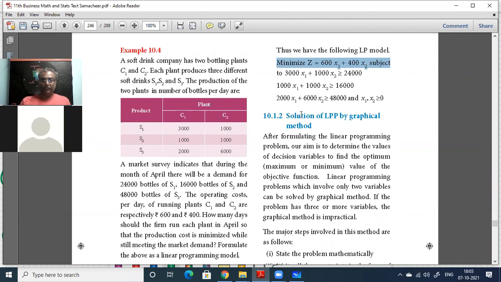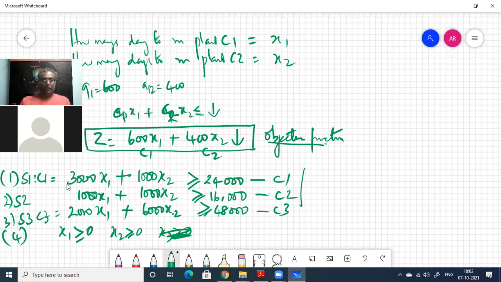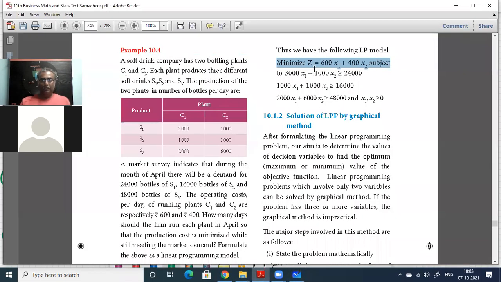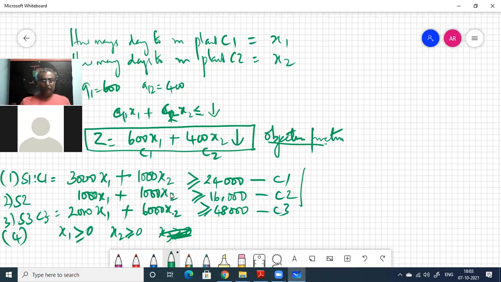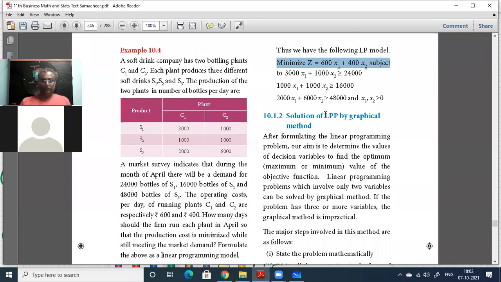Subject to the constraints. What are the constraints? 3000 x1 plus 1000 x2 greater than or equal to 24,000. Then 1000 x1 plus 1000 x2 greater than or equal to 16,000. That is also correct.